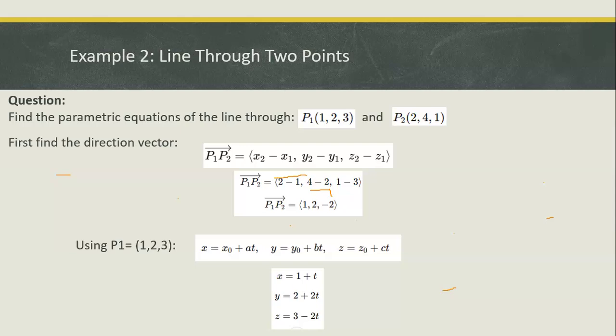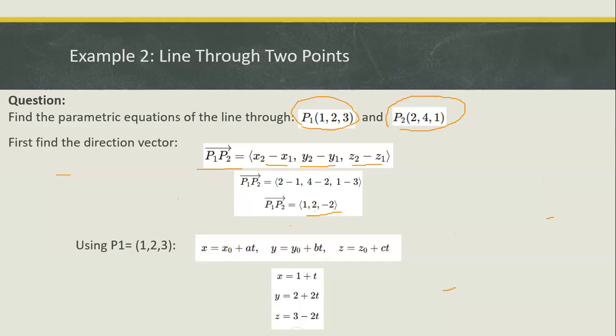To find it, vector P1P2 is equal to (x2 - x1, y2 - y1, z2 - z1). So over here are all the 2's, and over here are all the 1's. We just do normal subtraction: 2 minus 1 gives us 1, 4 minus 2 gives us 2, and 1 minus 3 gives us negative 2. So this becomes our direction vector.